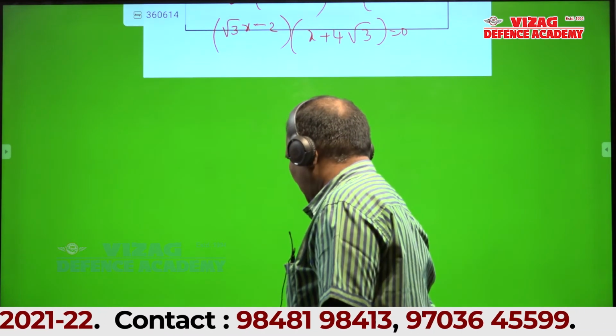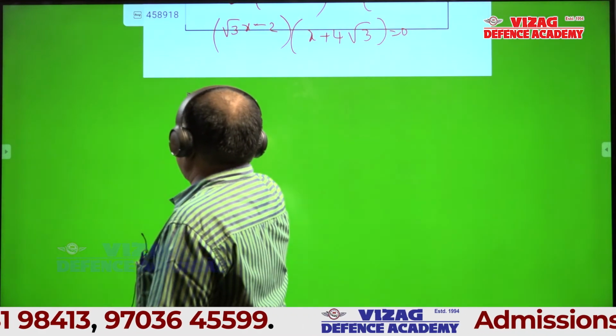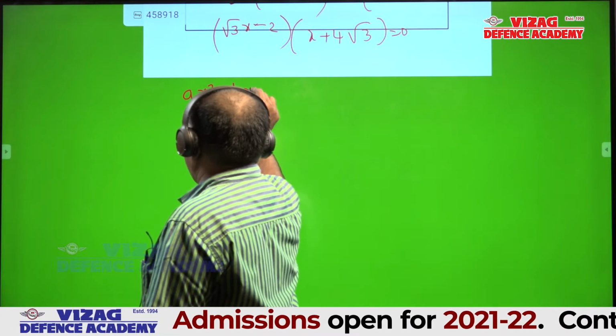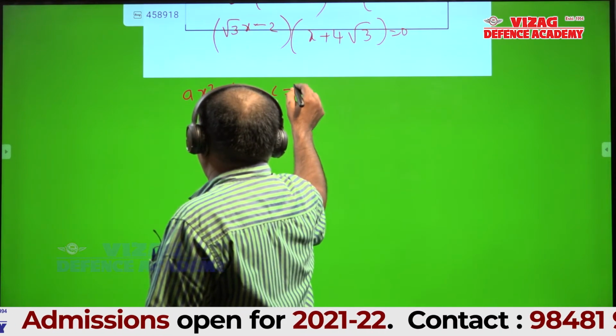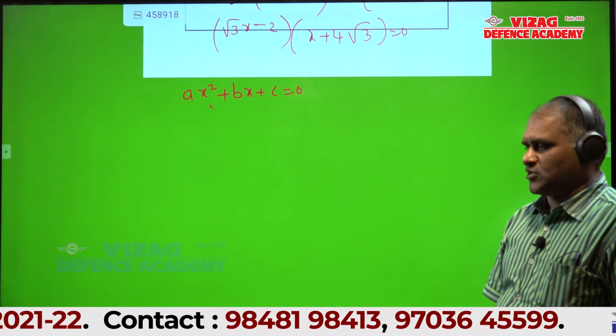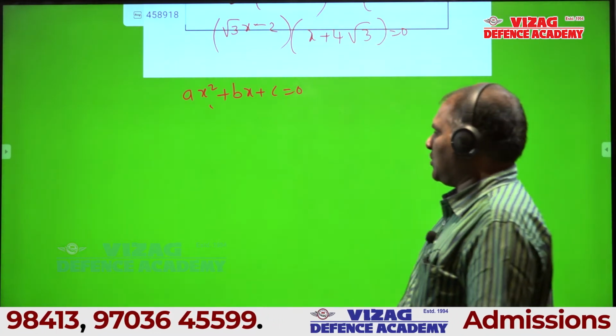Here, lesson 1, the quadratic equation ax square plus bx plus c is equal to 0.